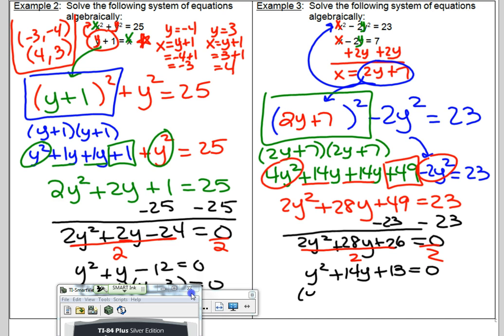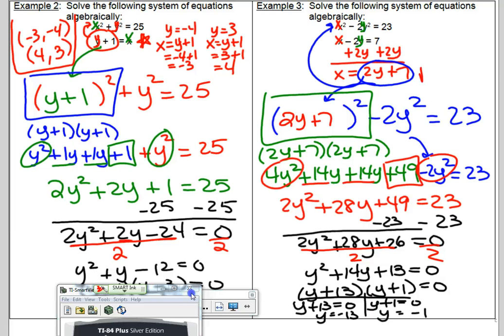Factoring now a much easier trinomial. And those are my y values, and all I have to do is find my x values, going back up to the top and using this equation.